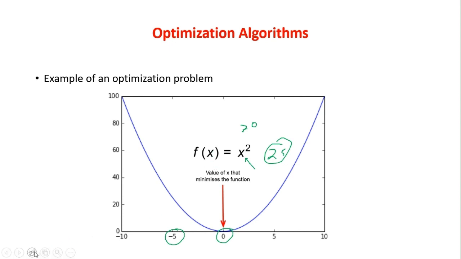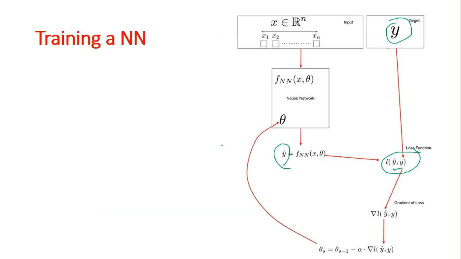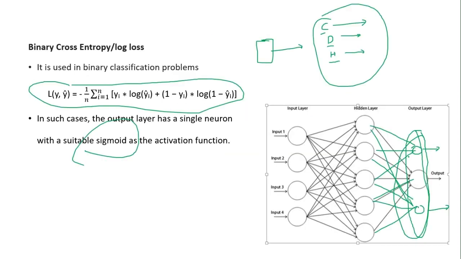This particular process is known as optimization: finding the value of the parameter, here x, in such a way that the function output is at its minimum value. Now, in our case, what is the function to be optimized? In our case, the function to be optimized is the loss function.